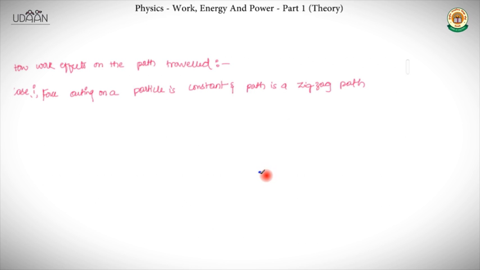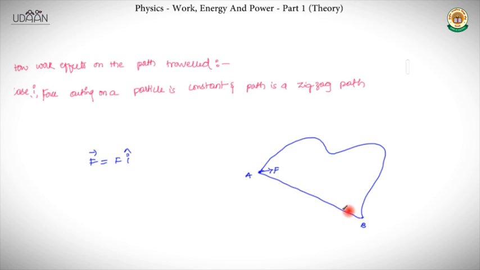The force vector is always equal to F i cap, and the path traveled by the particle is in this direction. Let the initial position be A and the final position be B. So the displacement of the particle is in this direction from A to B.